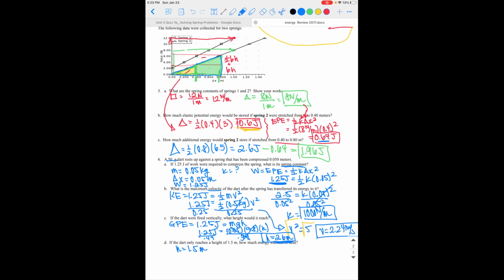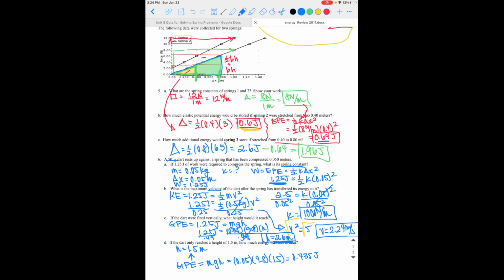So all we want to do is figure out how much energy was lost, and what you can do is first find out how much gravitational potential energy it would have if it reached the 1.5 height. So that would be 0.05 times 9.8 times 1.5. And that gives me 0.735 joules.